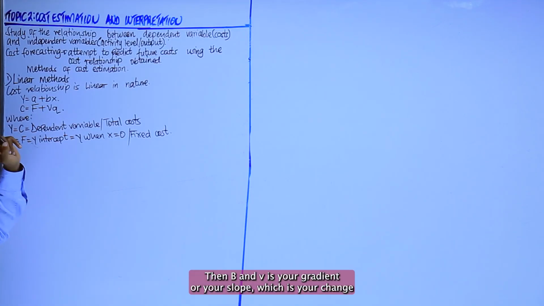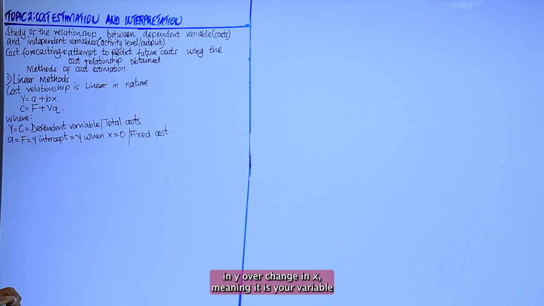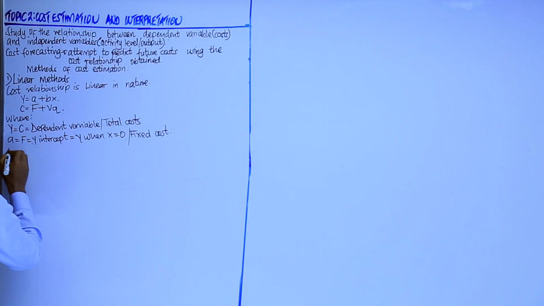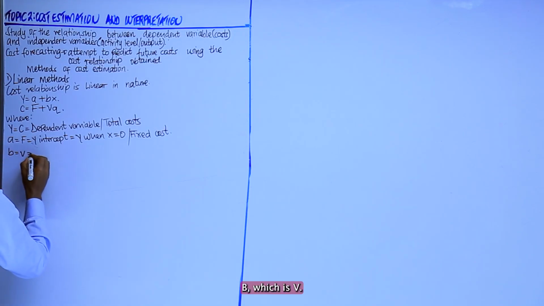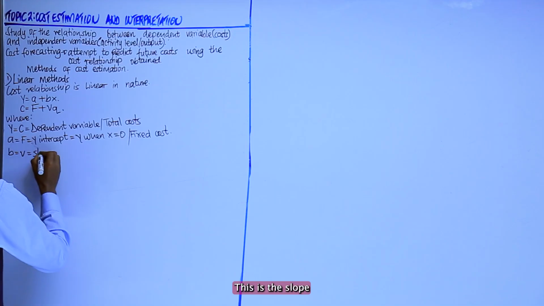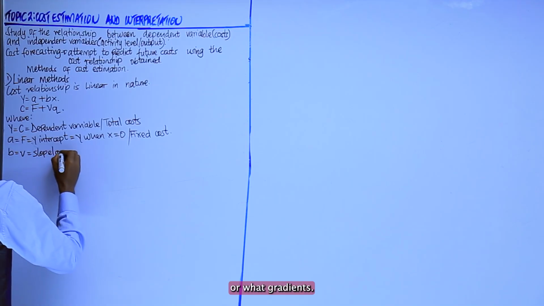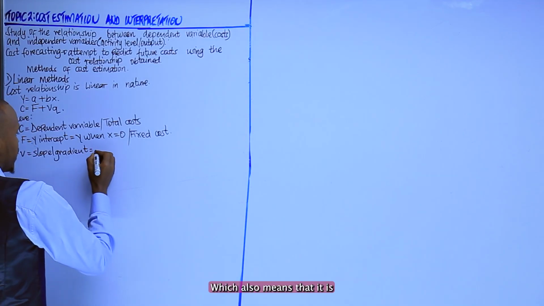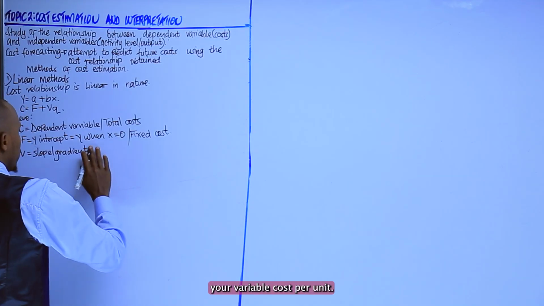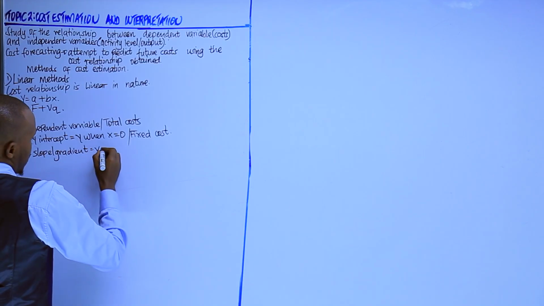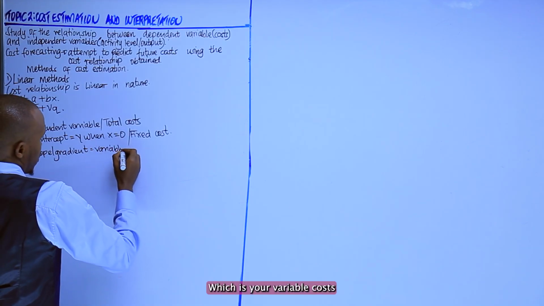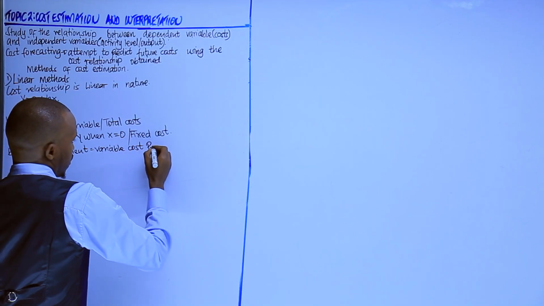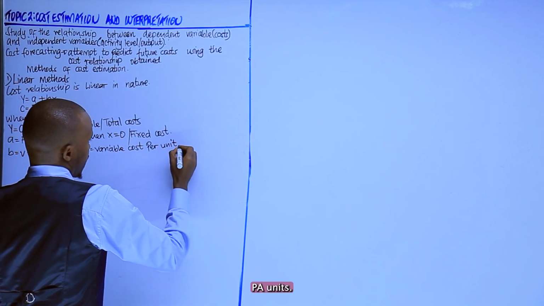Then B, or V, is your gradient or your slope, which is your change in y over change in x, meaning it is your variable cost per unit.